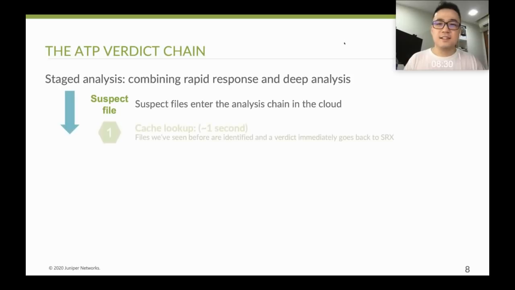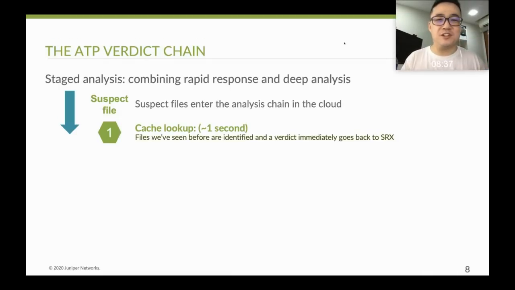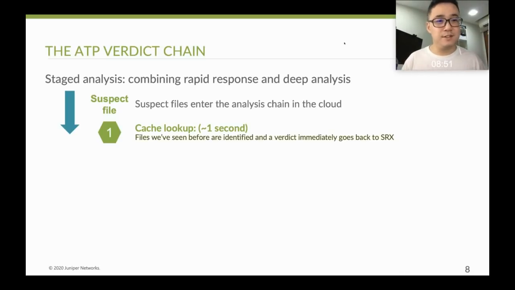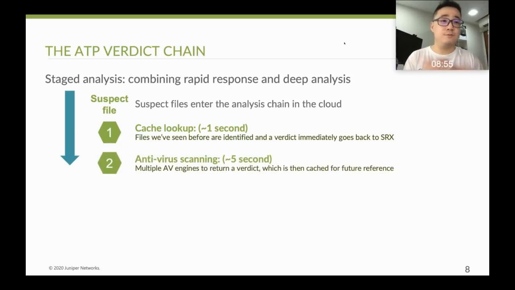Next, since we're talking about AI, I'm going to explain in detail how it analyzes the file using the AI machine learning engine. Imagine the engine receives the file from the SRX firewall. First, it does a cache lookup to see whether the file has been scanned before. If not, it performs standard antivirus scanning, using multiple antivirus scanning engines, more than 5.